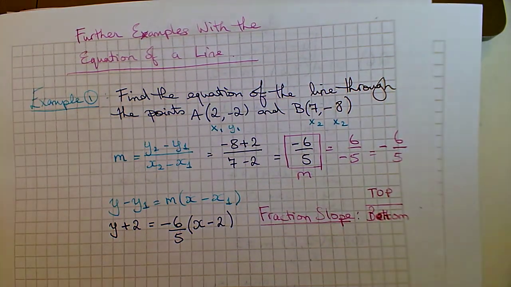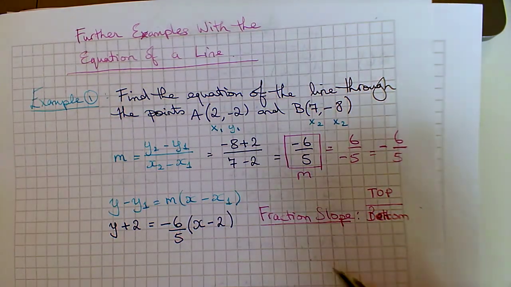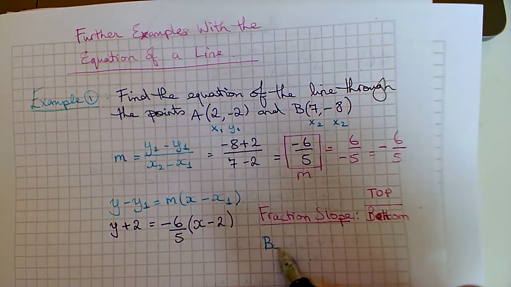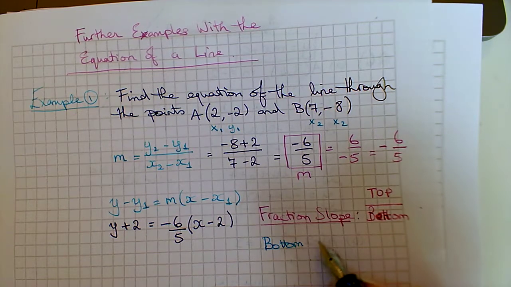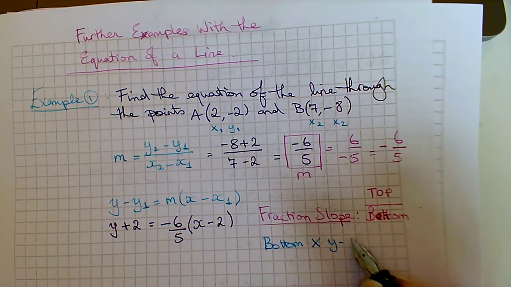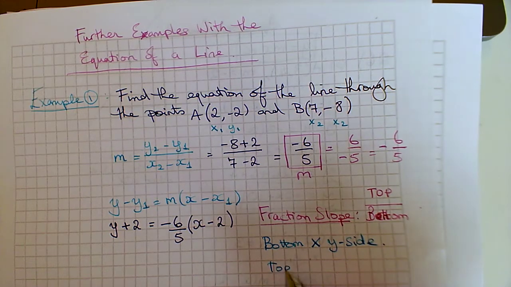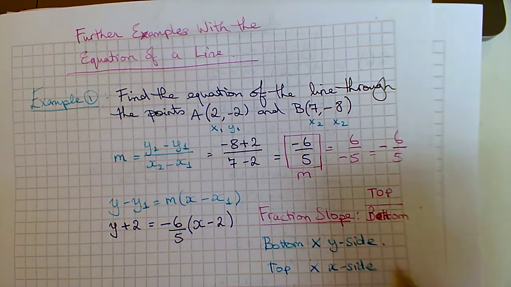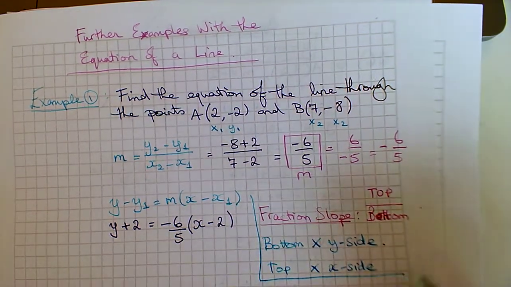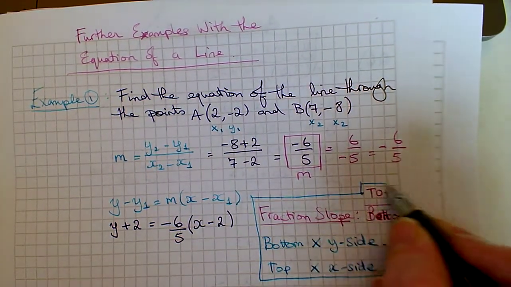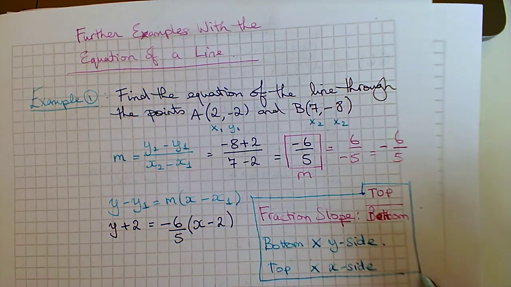And we're going to learn off this fact. When we have a fraction slope, the bottom number multiplies the y side of my equation, and the top number multiplies the x side of my equation. We're going to learn this off as a fact. When we've done a little bit more algebra, I'll explain to you why.